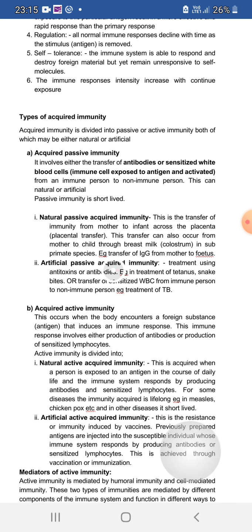So you make the antitoxins or antibodies, then transfer them to a person who cannot produce the same. Normally, in short, when you want to make antibodies against tetanus toxin, you take the tetanus toxin and inject it into an animal like a horse, which may not be killed by the tetanus.